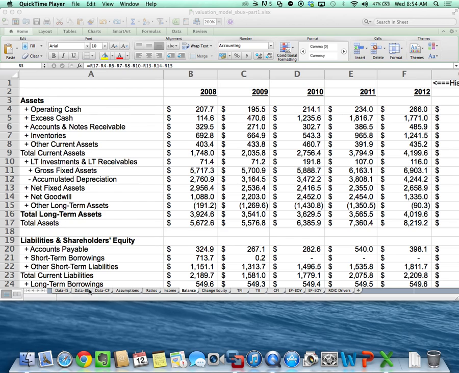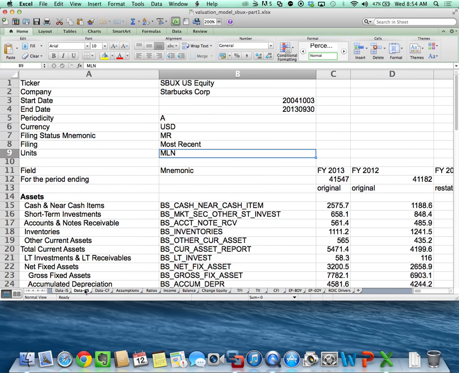And it has to do with the balance sheet of the standard format in Bloomberg. This tab, called Data BS, is the balance sheet, Data IS income statement, Data BS balance sheet, Data CF cash flow, the standardized formatted balance sheet that Bloomberg has given us.